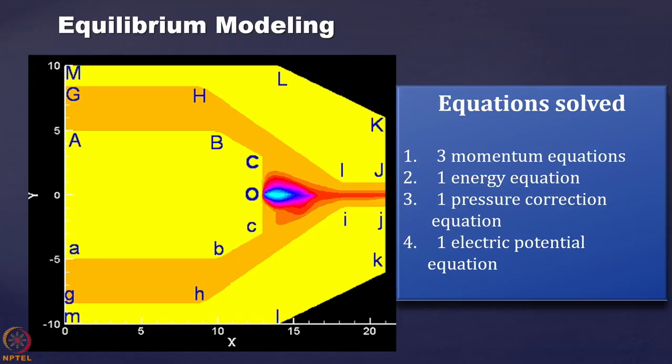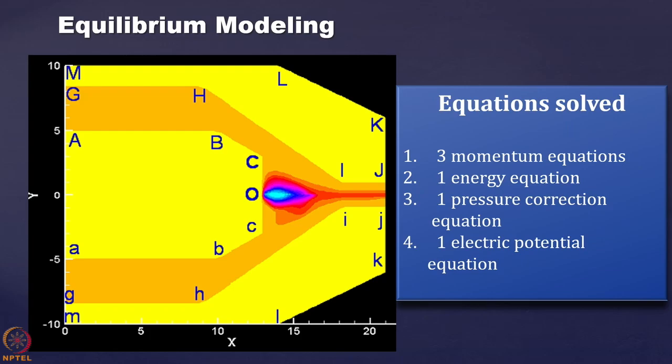So essentially what we need to solve is three momentum equations, one energy equation and one pressure equation for the equilibrium model. But I tell you at this point that when you go for the two temperature model, at that time you need to solve two energy equations, one for the electrons and the other for the heavy species, instead of only one energy equation.